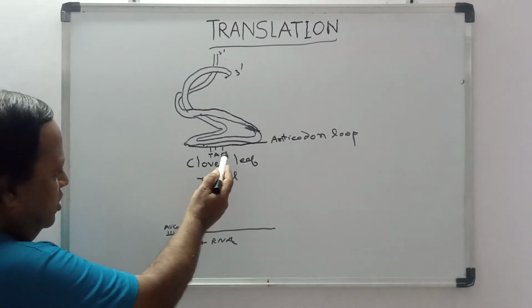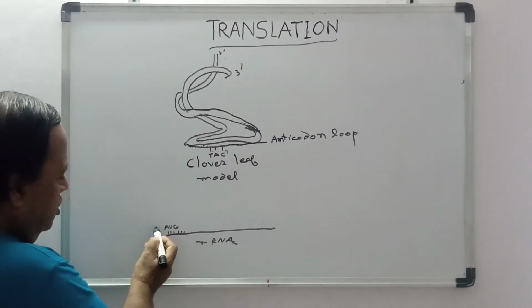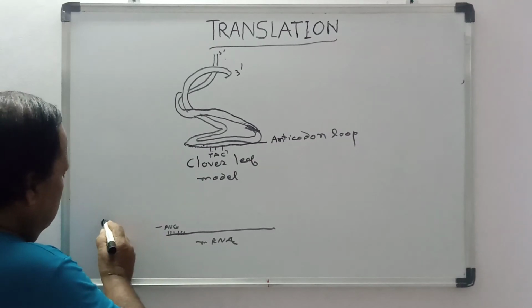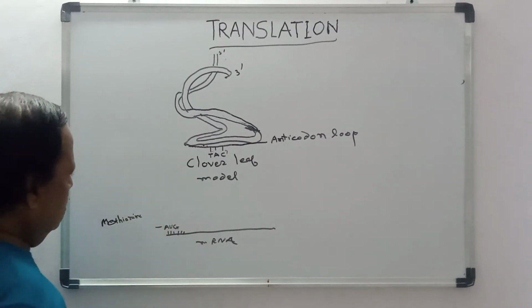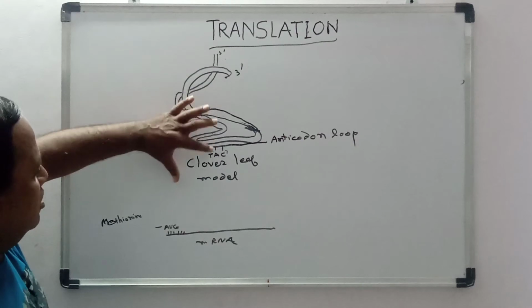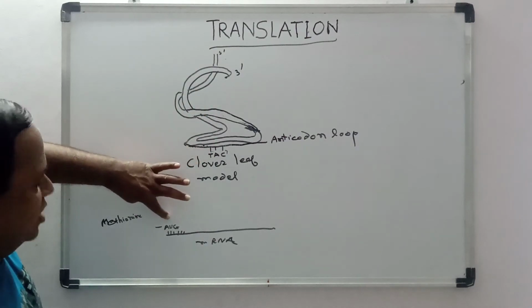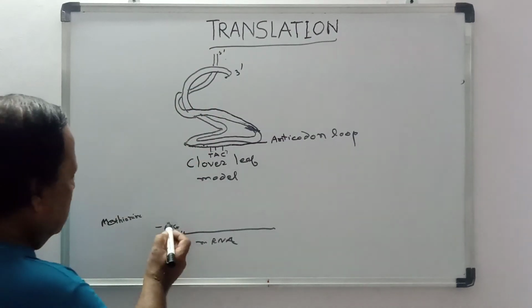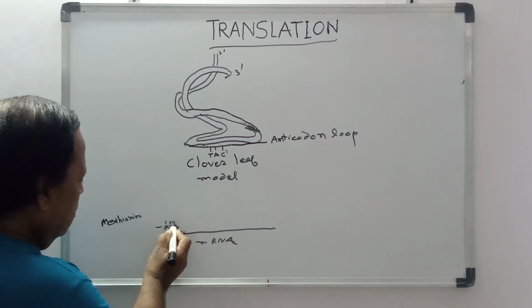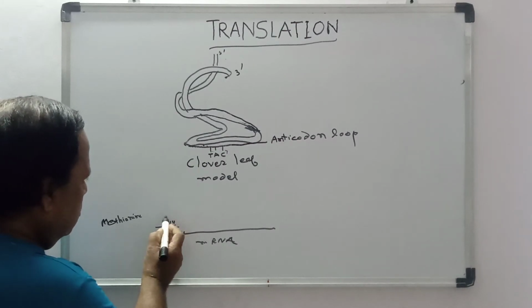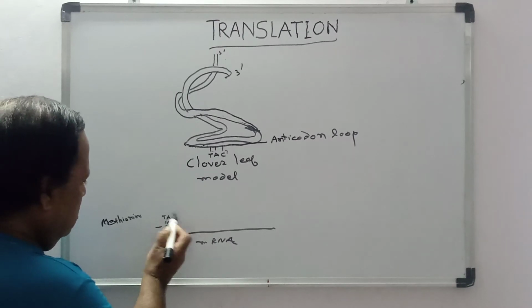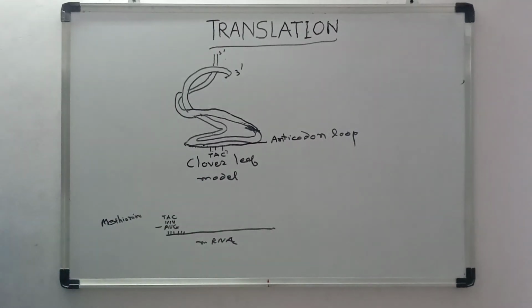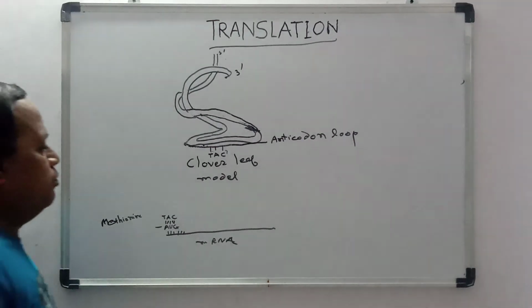Suppose this code is of methionine, as the first amino acid formed is always methionine. So this transfer RNA is the anticodon for this particular code, and it will form a hydrogen bond over here.